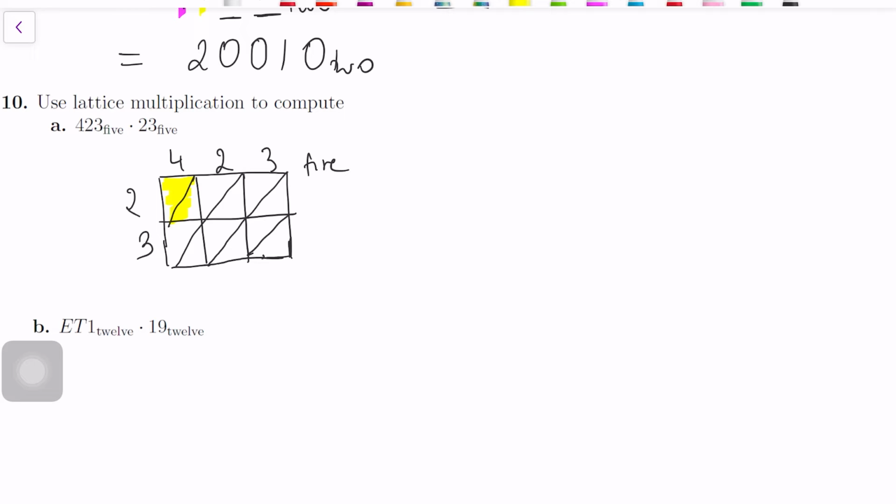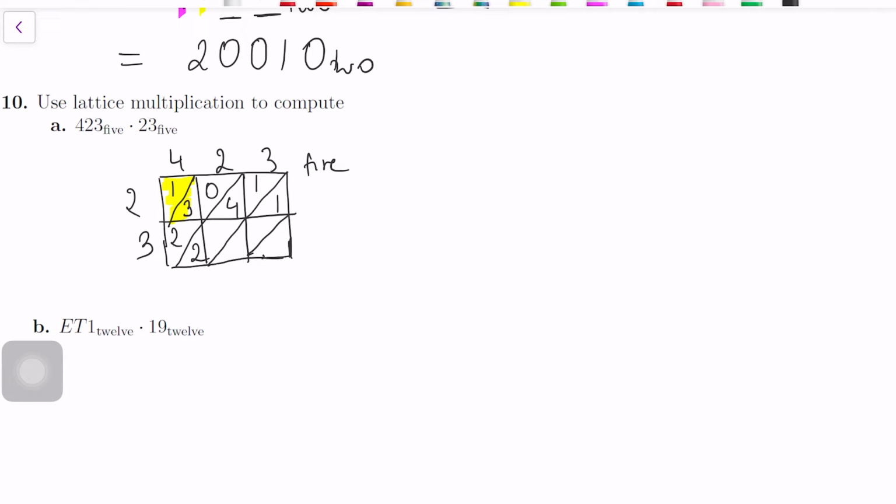So 2 times 4 gives me 8. 8 is 1 long and 3 units, 1 five and 3 units. 2 times 2 is 4, so 0 longs, just 4 units. 2 times 3 is 6. 6 is 1 long, 1 unit, 6 is 1 five and 1 unit. 3 times 4 is 12. 12 gives me 2 longs and 2 units because 12 is 2 times 5 plus 2.